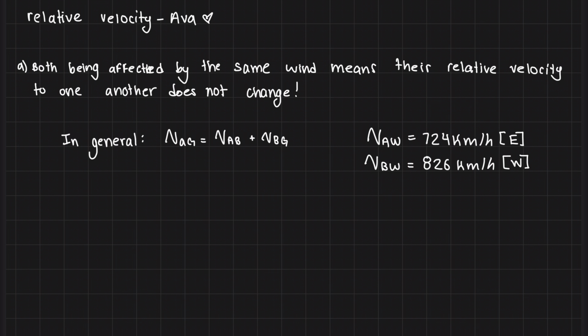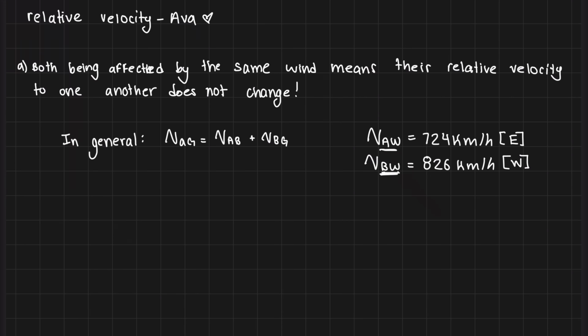In this problem, I am using wind because it says they're both being affected by the same wind, but you could also use ground in this instance. Honestly, I probably should have used ground since the wind is not really affecting the planes' velocity, but I put it there to make it clear that it doesn't really matter in this case, because they're both being affected by the same wind, so their velocities relative to each other remain the same.